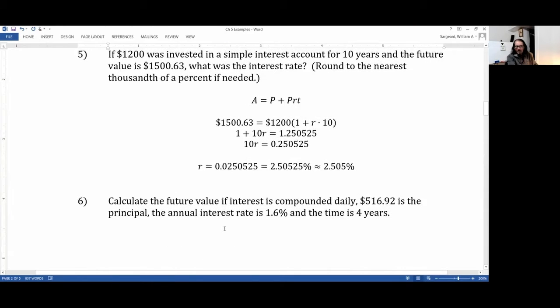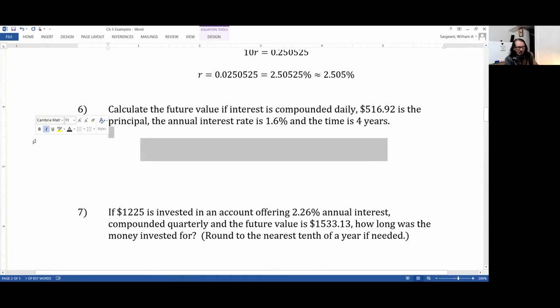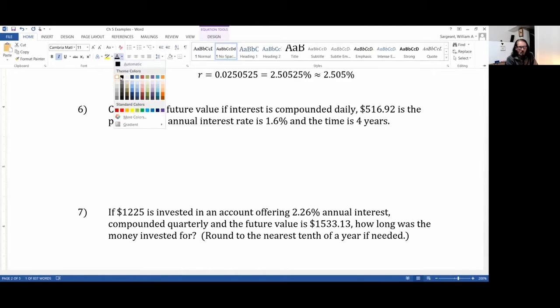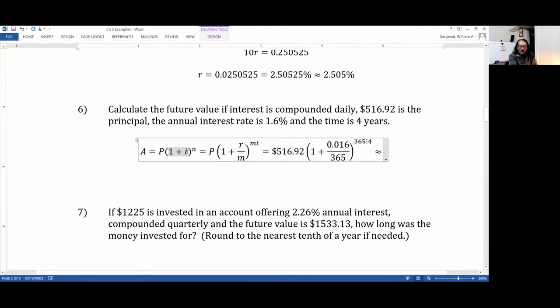Now we have a compound interest question. It is not saying continuous compound interest. It just says compound. Continuous is at every moment of time. This says daily. So M in your formula is going to be 365. You may be using a textbook where it uses little i to stand for the periodic interest rates.